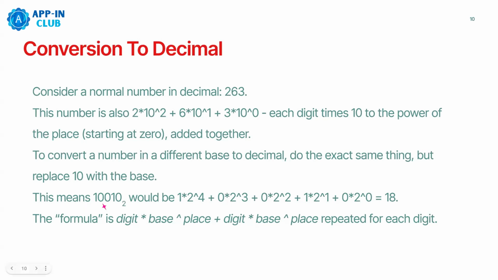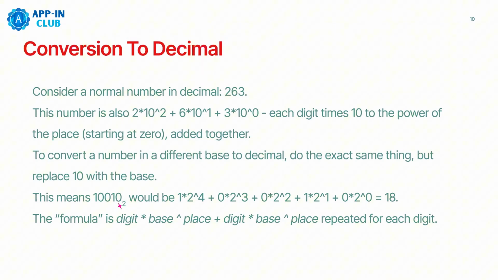This would mean that 10010 in base 2 would be 1 times 2 to the power of 4, that's its place. 0 over here would be at place 0, and 1, this one, would be place 4. That's why it's 1 times 2 to the power of 4, plus 0 times 2 to the power of 3, plus 0 times 2 to the power of 2, plus 1 times 2 to the power of 1, plus 0 times 2 to the power of 0, and then add that all together to get 18.